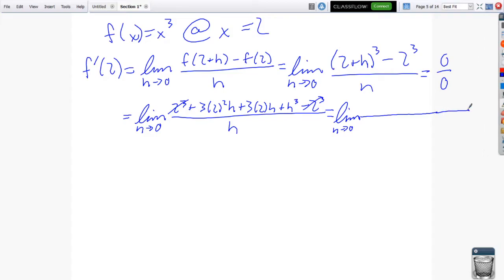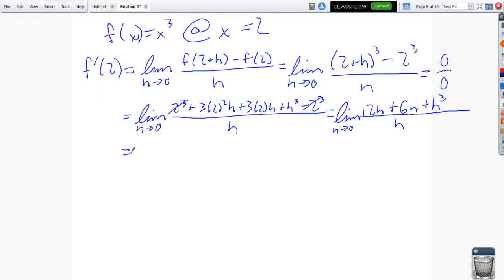So here I've got 3 times 2 squared, so 3 times 4, 12h plus 6h plus h cubed all over h. All right? Now I see in the numerator I've got all h's.